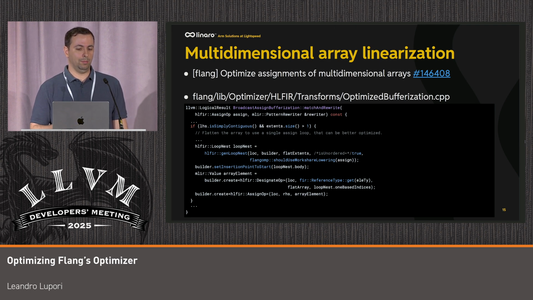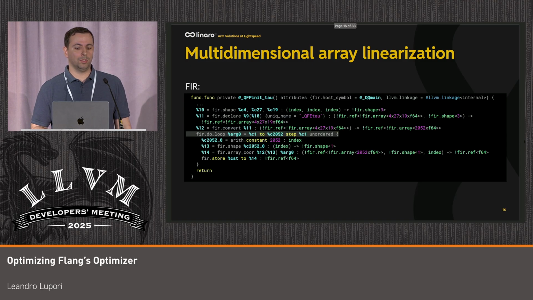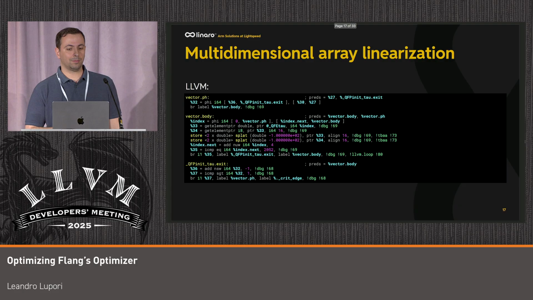This code has the main parts that perform this optimization. But I'm going to focus on the FIR that is generated when this optimization is applied. As you can see here, the 3 nested loops were replaced by a single loop that now goes over the flattened array, storing the double value for each element.